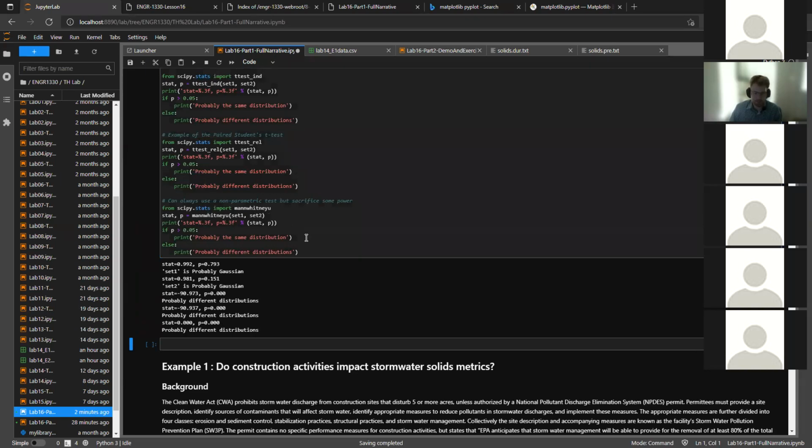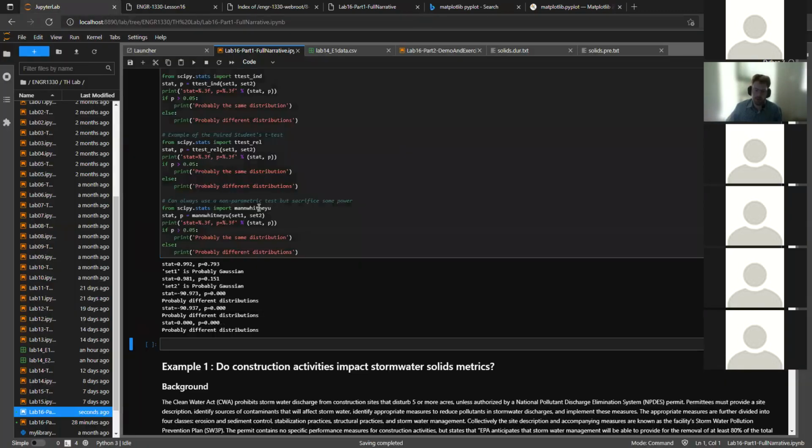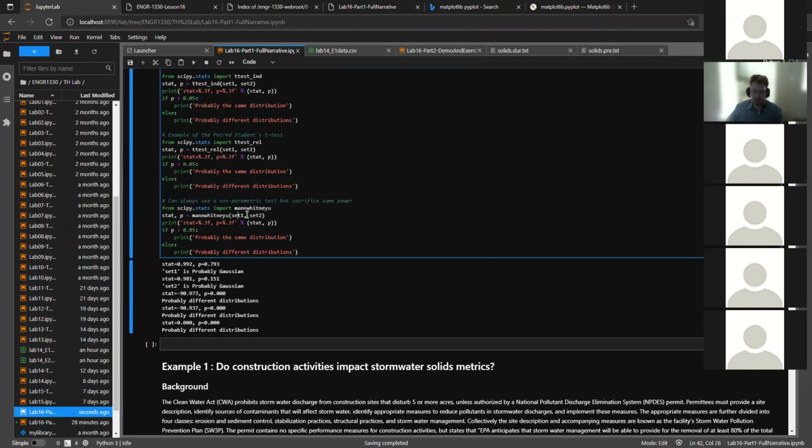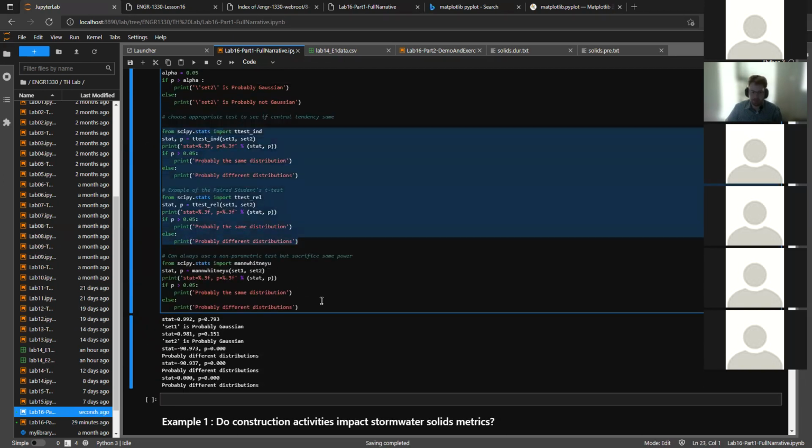Now, when we run the Mann-Whitney test on our two sets using a p-value of 0.05, we get that they are probably different distributions, which lines up with what we were looking at with our parametric tests.